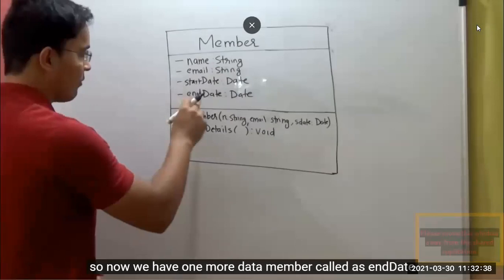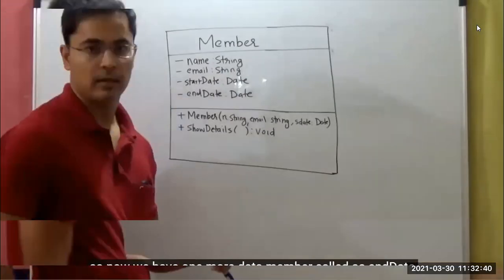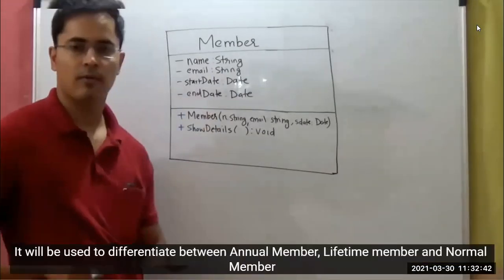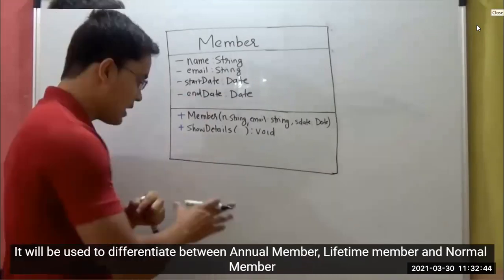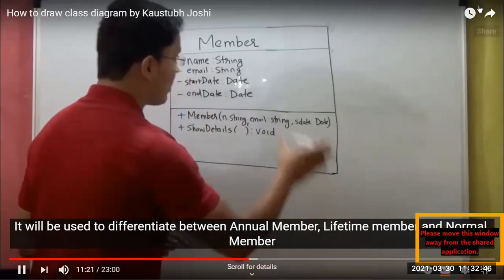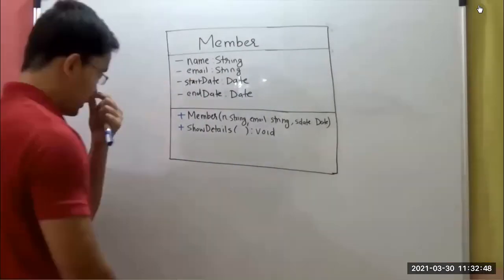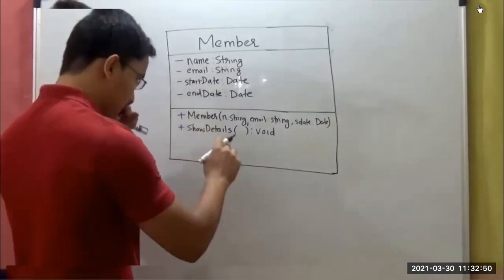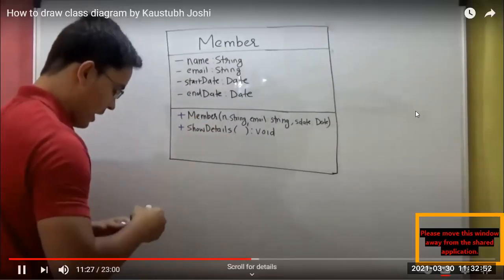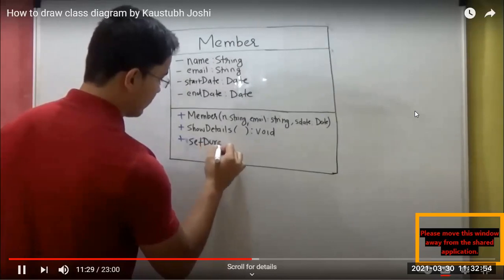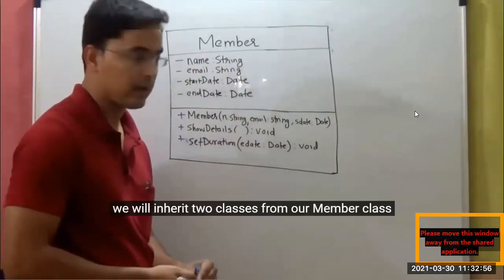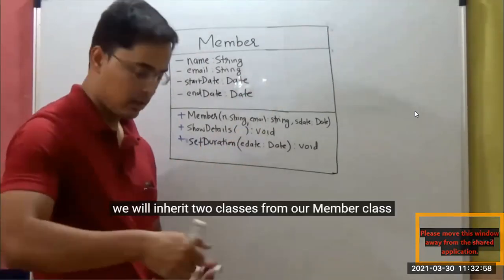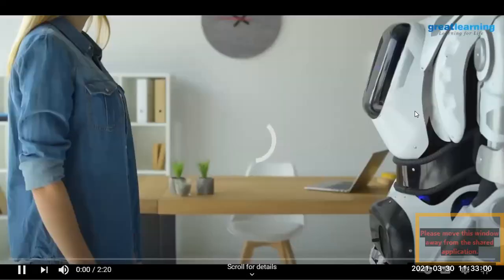So now we have one more data member called end date. This is important for us because this will differentiate annual members, lifetime members, and normal members. I have a constructor, a show details method, and I'll also add set duration. We will keep this class and will inherit two classes from it.